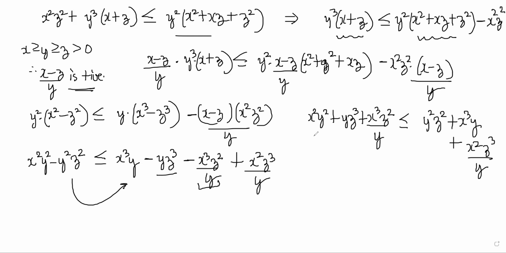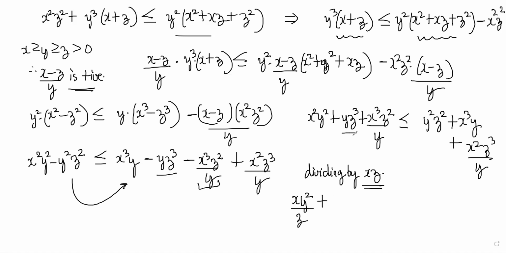So if I divide both sides by xz, what happens? So dividing by xz, both sides, I want to construct a term like x square y by z. Why am I trying to divide by xz? Because in the desired inequality, I have terms like x square y by z and y square z by x and so on. And seeing what happens here, if I divide by xz, I will get x y square by z, right?